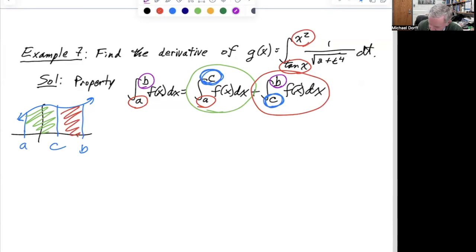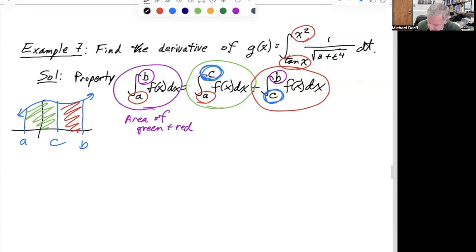And the integral in purple represents the area of the green plus the red. And that makes sense that that would work. All right, so we're going to use that idea to rewrite this integral.